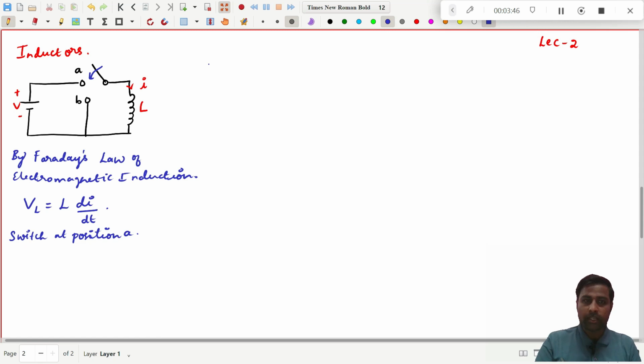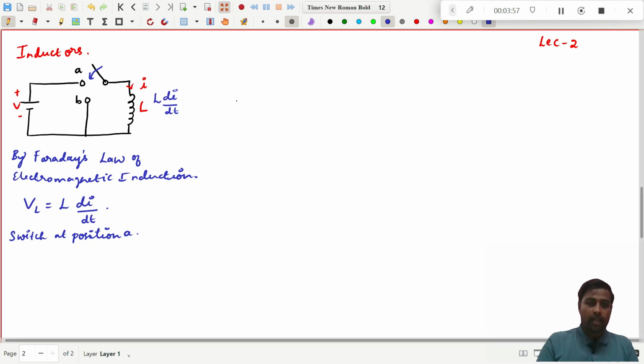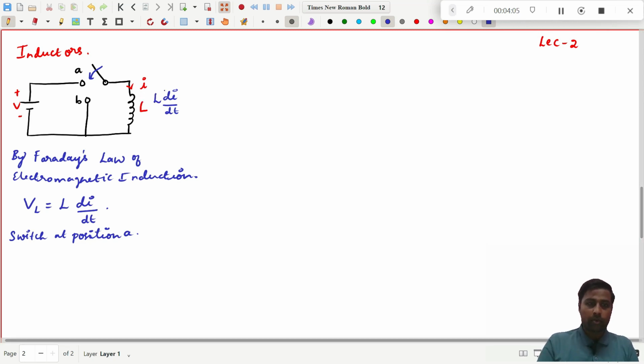The voltage across this inductor will be L into di by dt. That is what we have written here. Now I am going to find the current. This is expression number 1, and from this expression I am going to get the I expression.